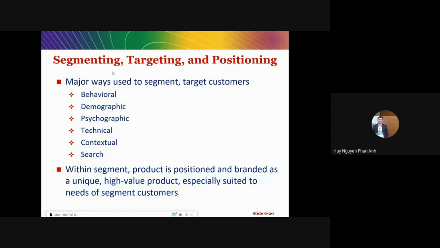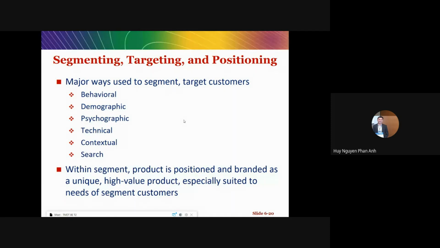And this section is very important. When we conduct the marketing activities, we must analyze the STP, okay? Stands for segmenting, targeting, positioning. So the major ways used to segment or target customers.